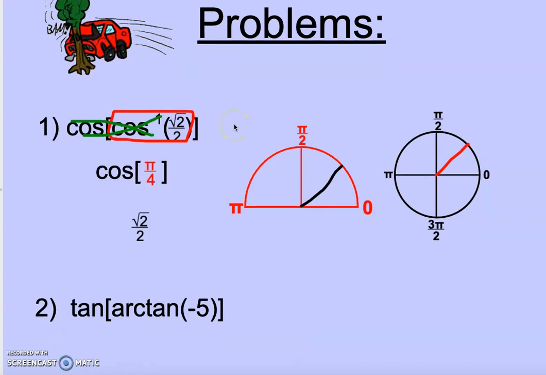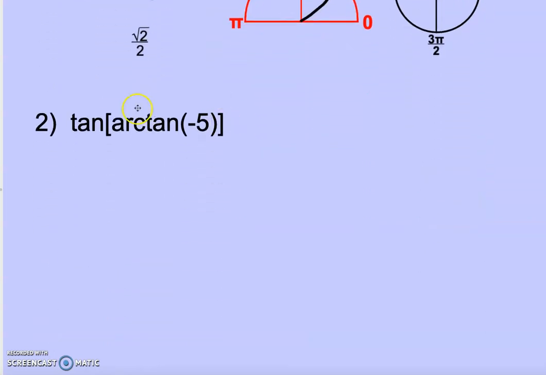Usually. Let's keep going. Number 2, the tangent of the arctangent of -5. Well, arctangent, I know that the arctangent, that's a unit burrito. So I'm going to start at the innermost set, and I know in the unit burrito, tangent, where is it? Tangent is negative down here in quadrant 4.